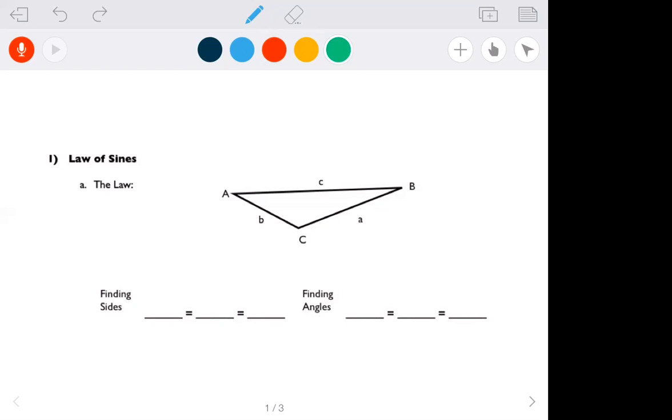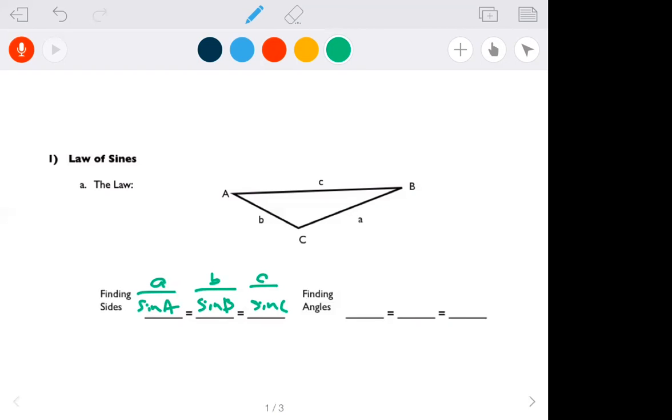The law of sines states that side length A divided by the sine of angle A is equal to side length B divided by the sine of B. And that's also equal to side length C divided by the sine of C.